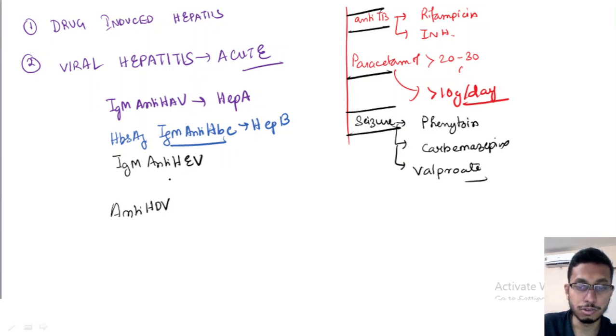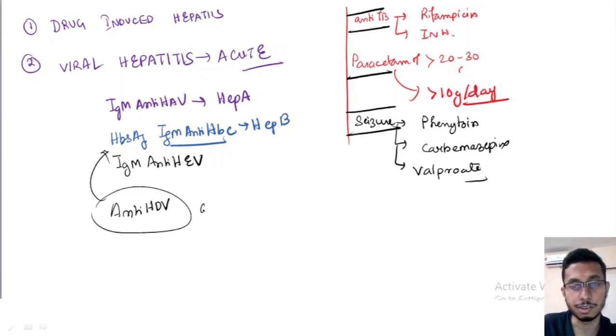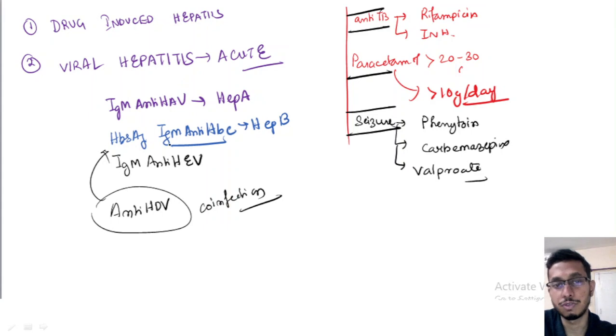It is to be ruled out only when hepatitis B is positive. So if you are suspecting co-infection or superinfection, test for anti-HDV. These are the vital markers you need to rule out: IgM anti-HAV, HBsAg, IgM anti-HBc, and these are the drugs you should rule out in this case.